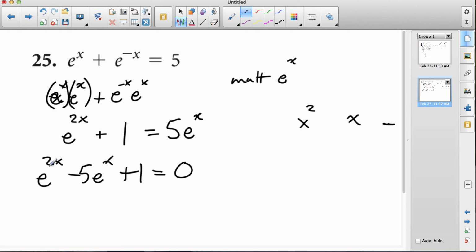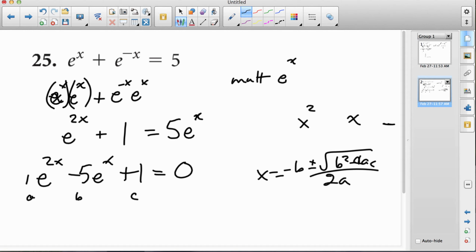Now since it's in that quadratic form, you can use the quadratic formula: negative b plus or minus the square root of b squared minus 4ac all over 2a. A here is 1, b is negative 5, c is a positive 1. You can plug those in and solve for x.